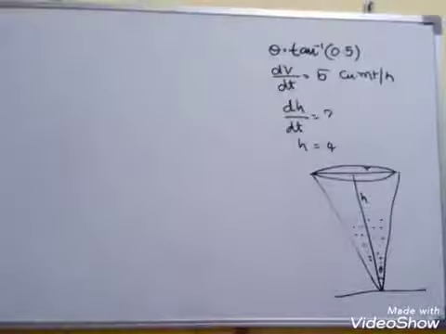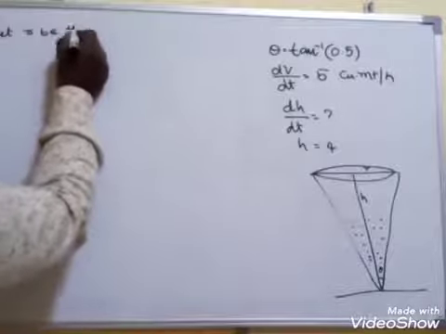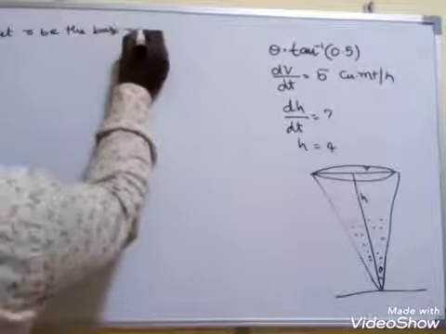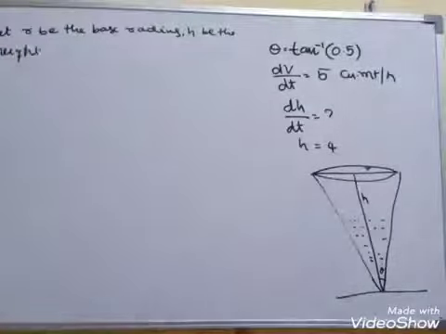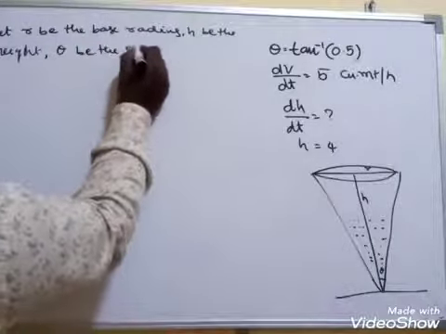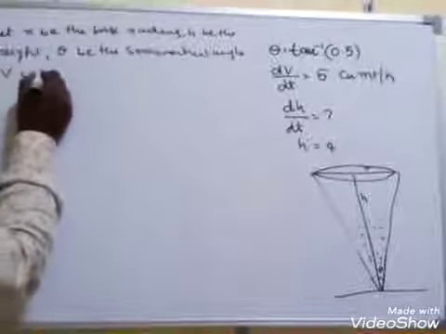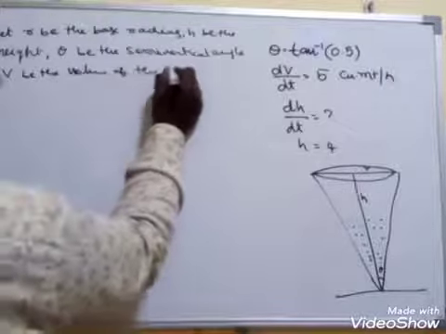Actually, what you usually do is let R be the base radius, H be the height, theta be the semi-vertical angle, and V be the volume of the cone.